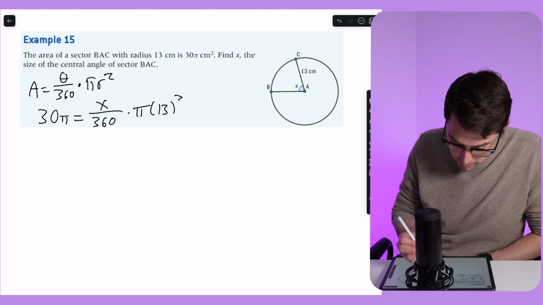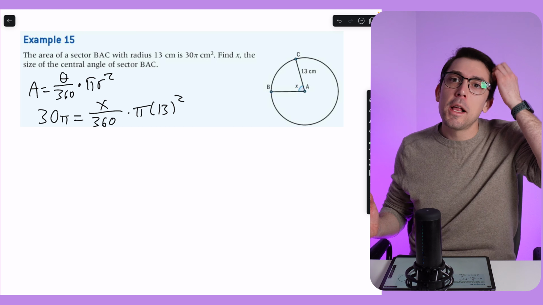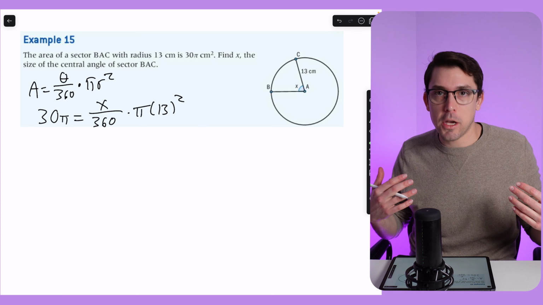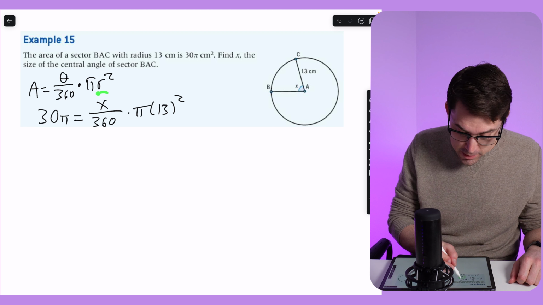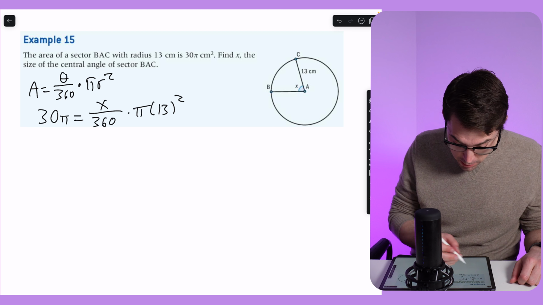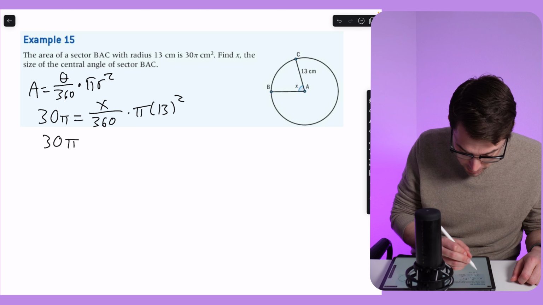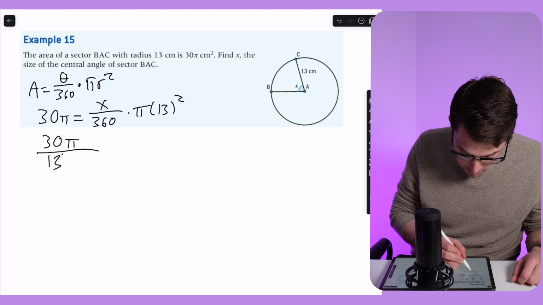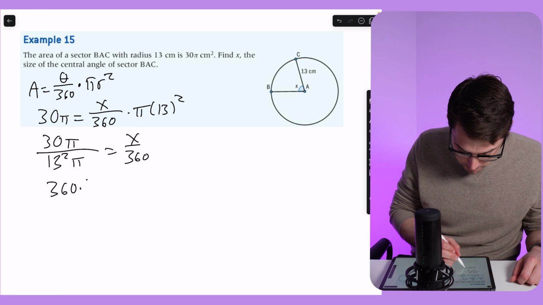That is 13 squared. Now, if you're using a TI-Nspire, you could go ahead and use nSolve for this if you would like. However, if you are not and you want to calculate it a little more manually, you would just isolate for x, the same way that we do for any two-step equation. So I have 13 squared pi over here, so I can have 30 pi all over 13 squared pi is equal to x over 360. So I'll multiply 360 times 30 pi all over 13 squared pi.